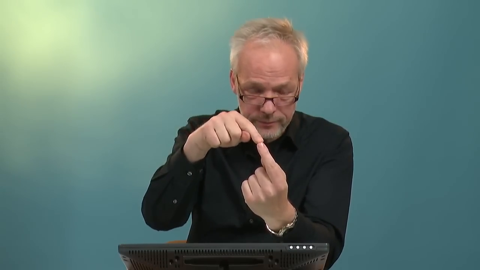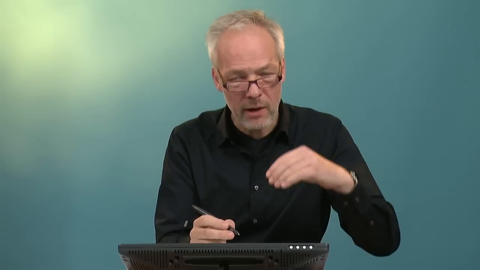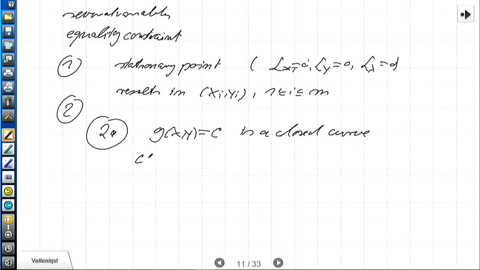What does it mean? If it's a closed curve, you recall that was walking around, coming back. So we have to pass through the maximum, we have to pass through the minimum.